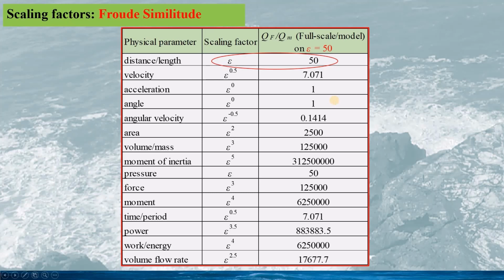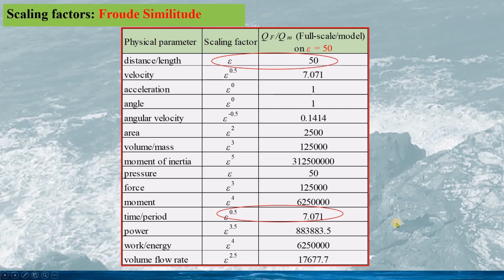So, if the wave height in the sea is 3 meters, in the tank it would be 60 millimeters. The wave period is scaled down by the square root of the scale factor. Thus, the ocean wave period of 12 seconds would be about 1.7 seconds in the tank.